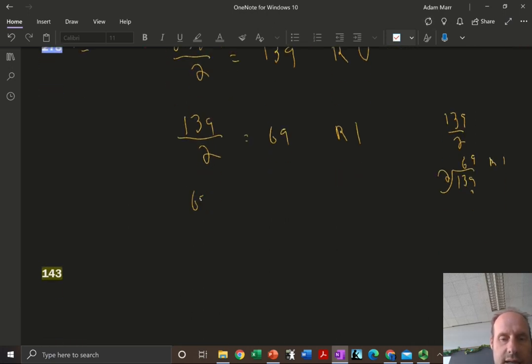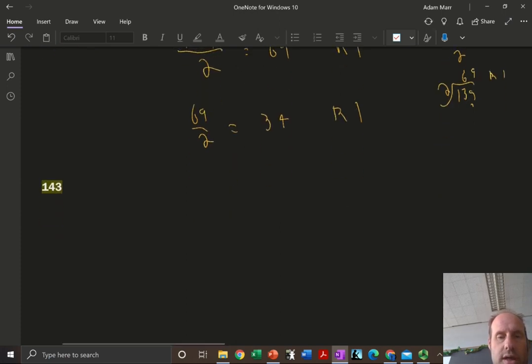Then 69 divided by 2 gives you 34 remainder 1. 34 divided by 2 is going to give you 17, remainder 0.